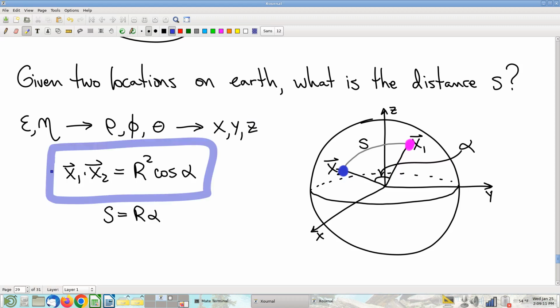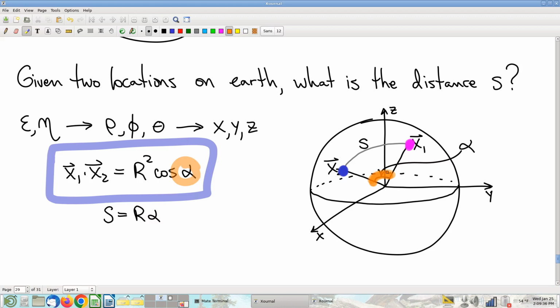one of the basic formulas about dot products: the dot product is the product of the magnitudes times the cosine of the angle between the two vectors.